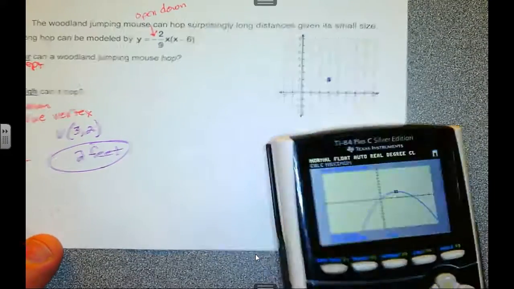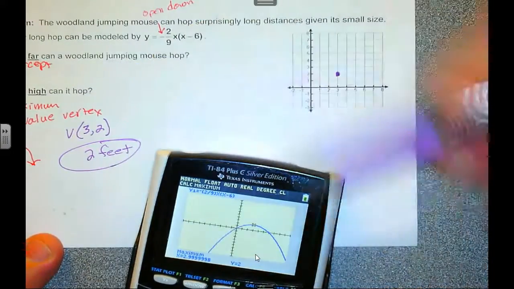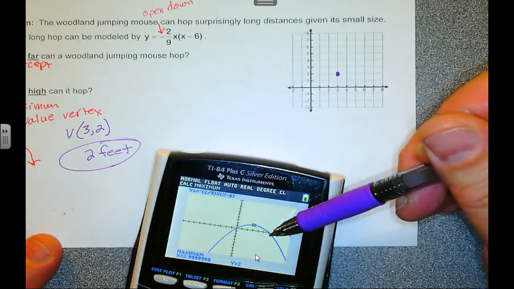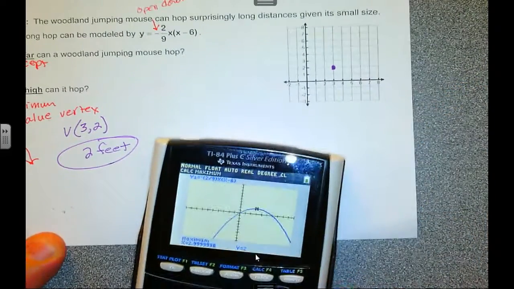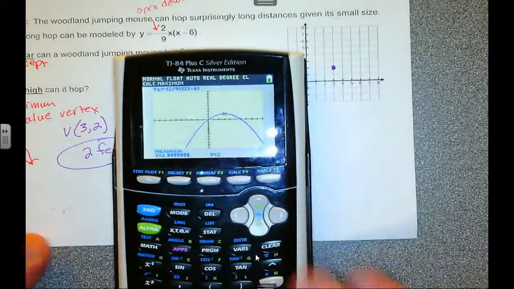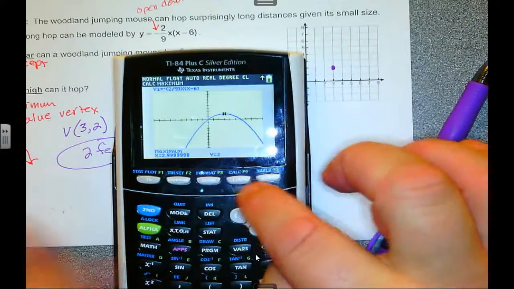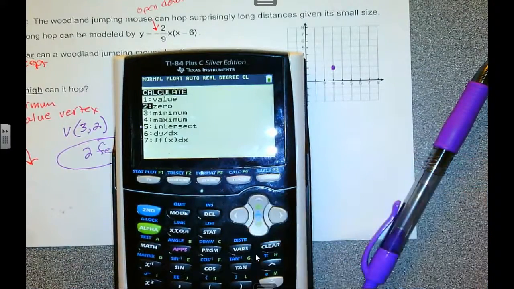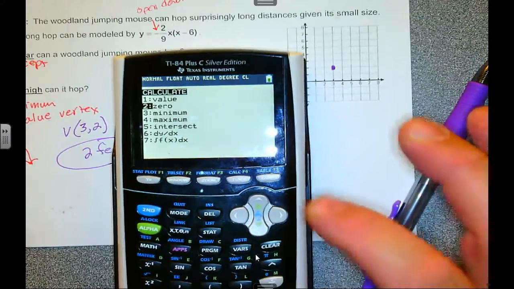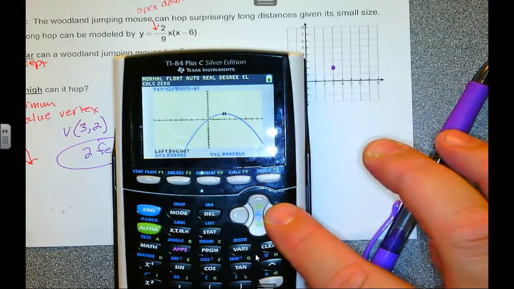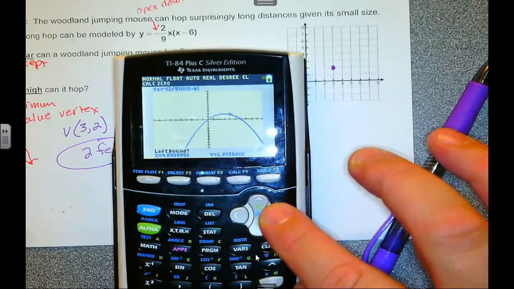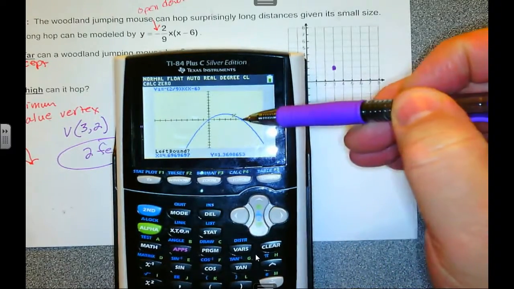Okay, now, as far as the intercept, now I have to find when my y equals 0. There's a couple of ways you could do this. You could go back to your calculate, second trace, and look for the zero, enter, and go through the same thing. Are you to the left of that zero point?